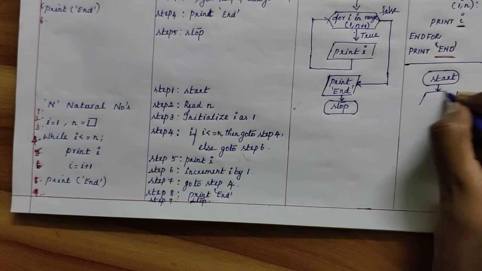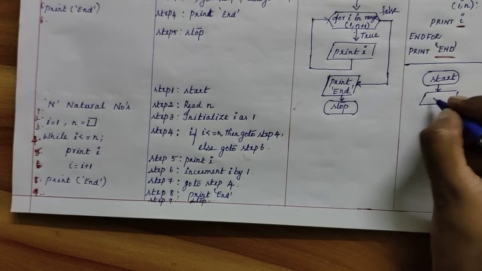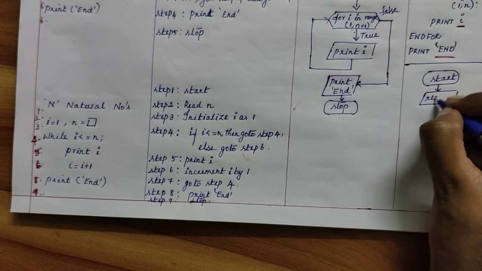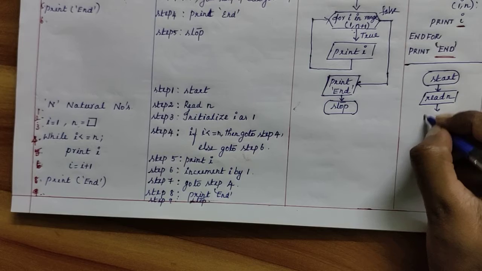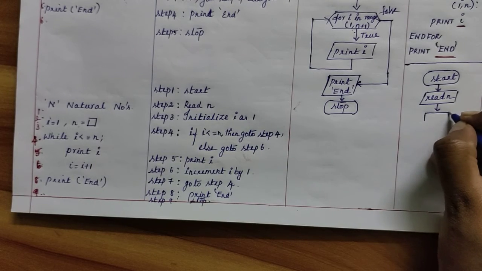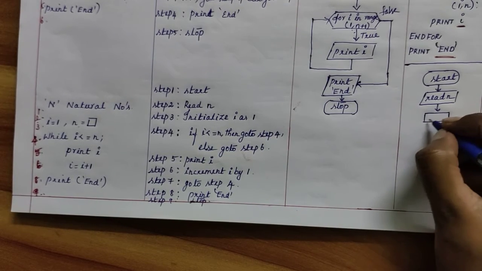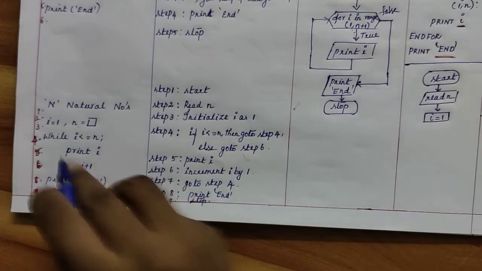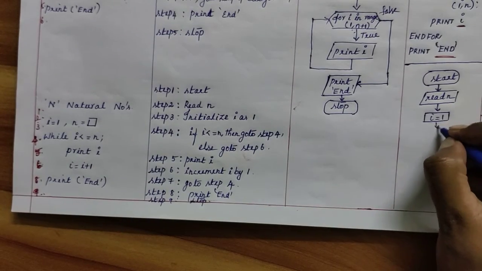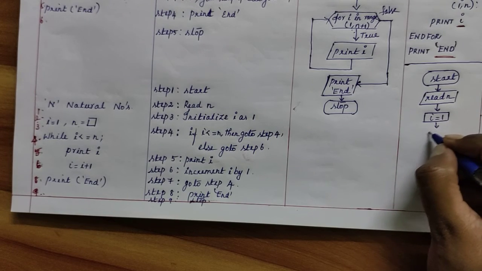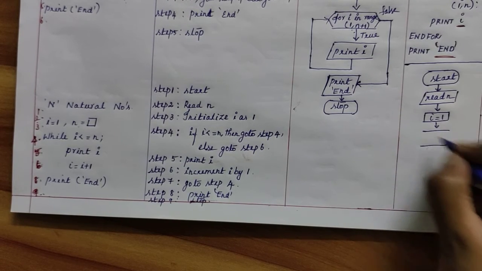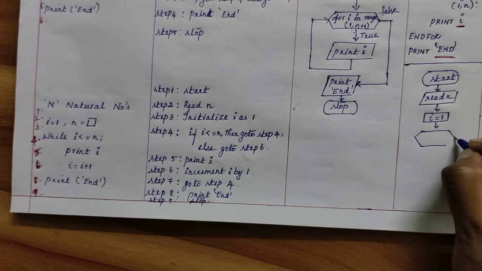Input is represented by the input output symbol, that is a parallelogram, read n. And this is the computational statement, therefore you have to specify within a rectangle I is equal to 1, and next you are having a while, right? So here you have to specify the condition with a symbol like this.